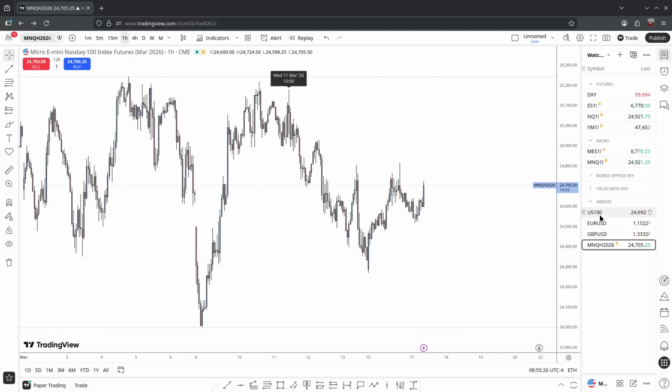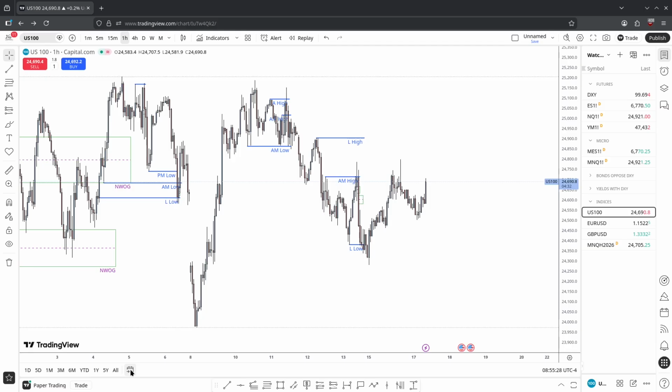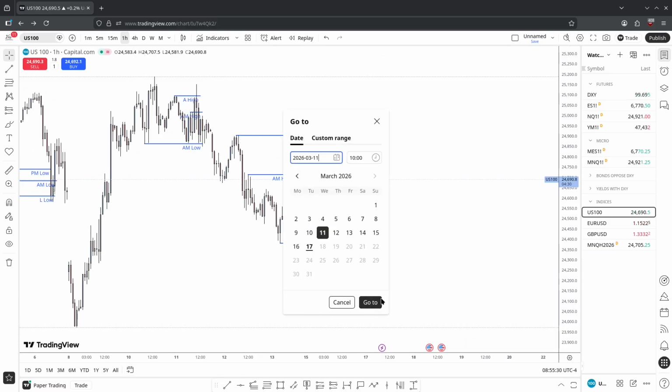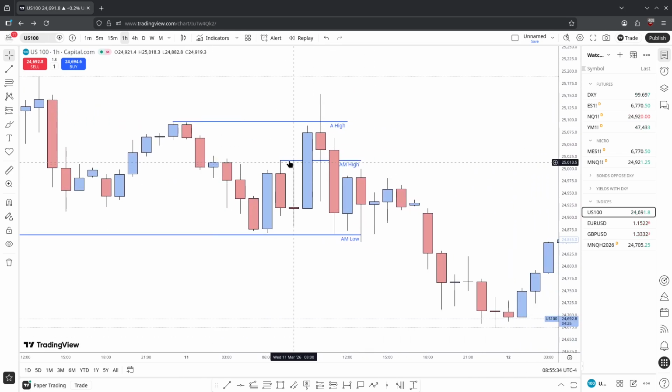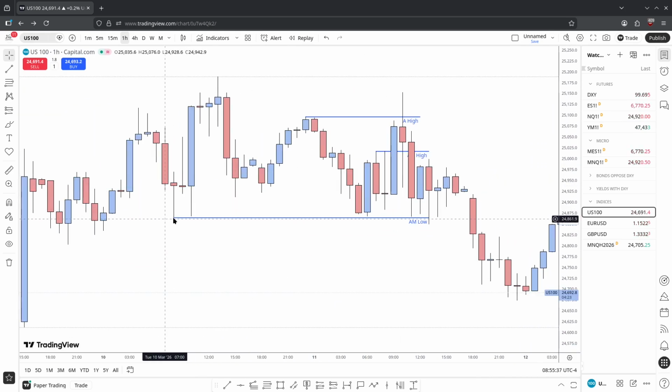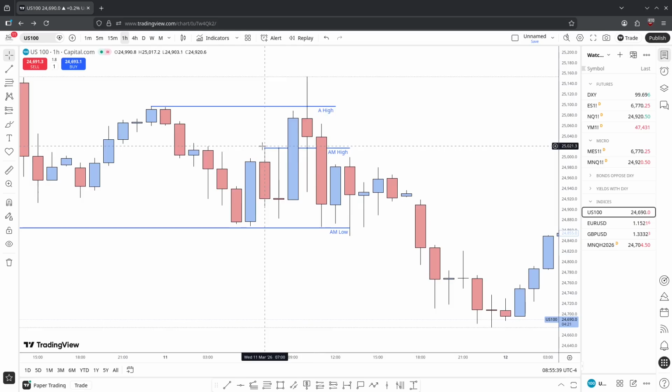Okay, we have to go back to this. In essence, with you marking out these levels, okay, these highs and this low, what happened here? At 9 a.m., we traded higher and we took the buy side liquidity above this high.